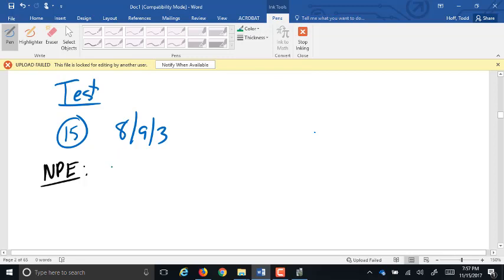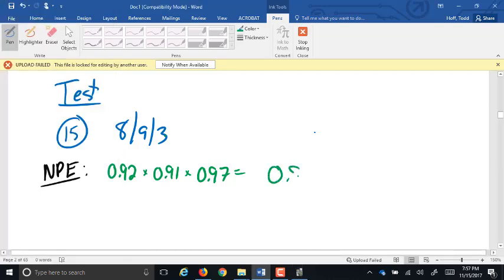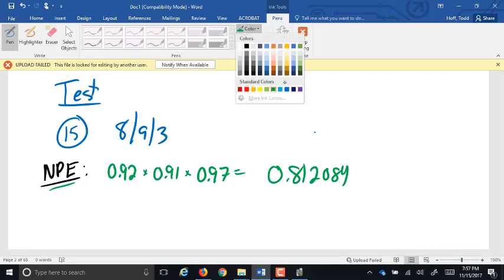So 100 minus 8 is 92, so that's 0.92. 100 minus 9 is 91, so that's 0.91. 100 minus 3 is 97, so that's 0.97. Multiply those all out. You get 0.812084. That's the net price equivalency.